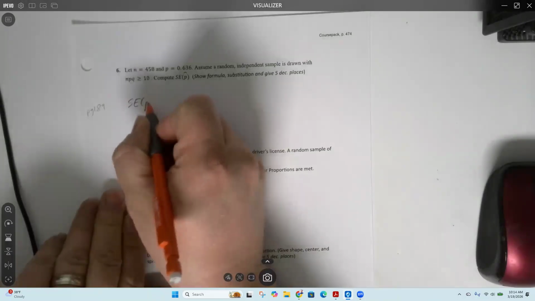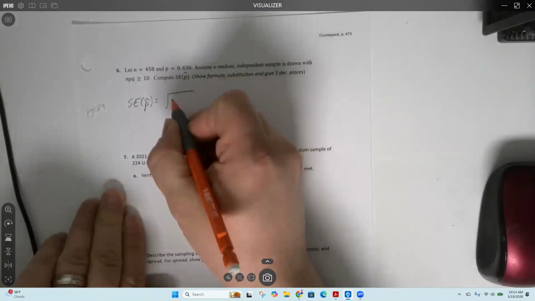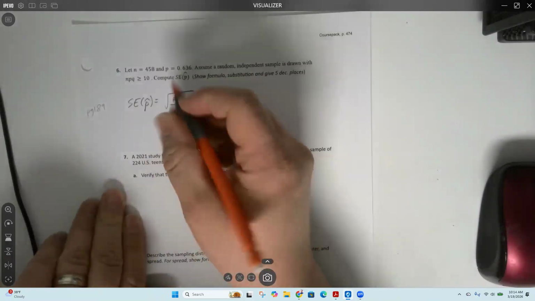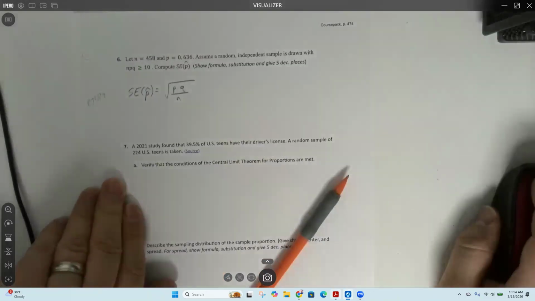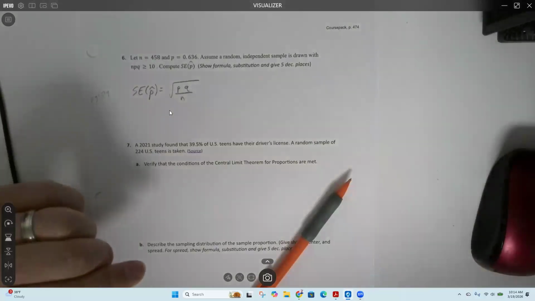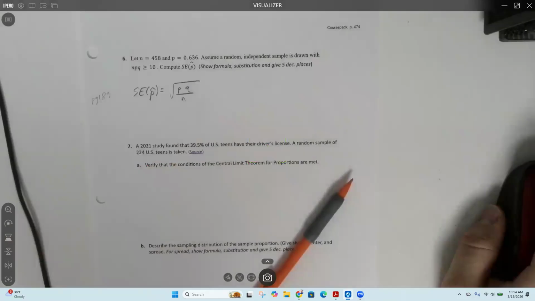Standard error of the proportion is the square root of p q over n. So this is, again, a formula you're not going to see on your exam notes packet. So another formula you might want to write down on your 8.5 by 11 piece of paper.